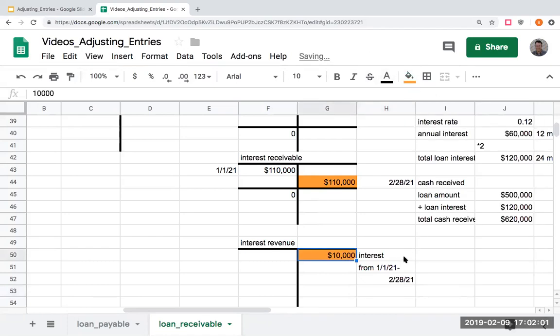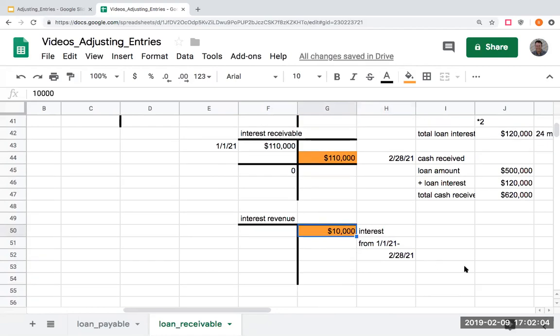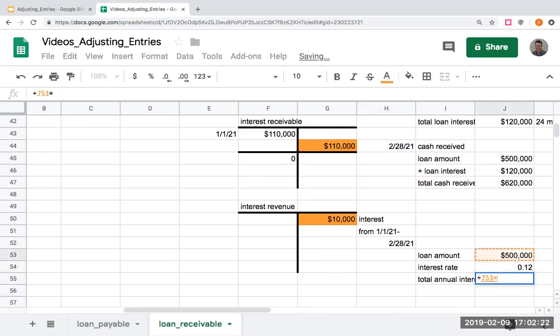Here it's going to be my loan amount of $500,000, my interest rate is 12%, so my total annual interest is going to be $60,000 times 2/12, or just January and February, because that's when it's being paid off.